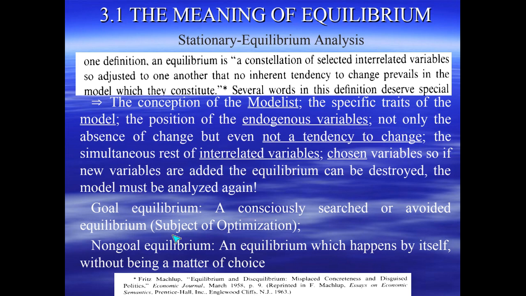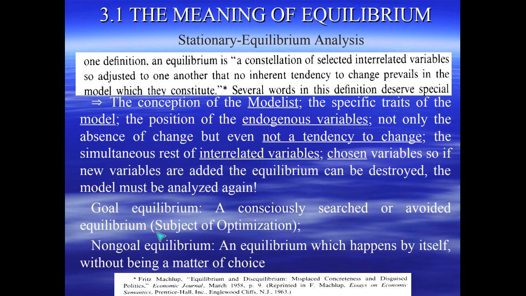So there are two types of equilibria. Equilibrium is a Latin word. Equi means equal. Libra means balance. So it is the equal balance, equally balanced, like the two trays of a two-arm balance. You know, these balances.